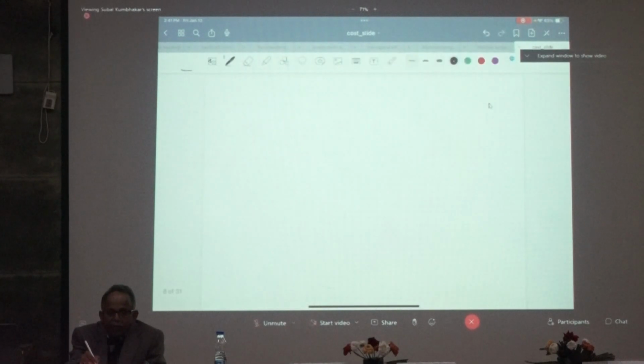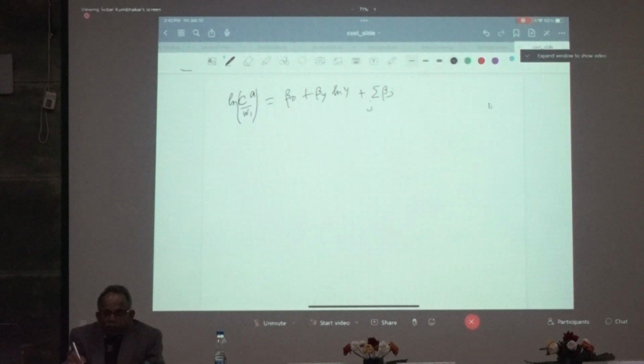Let me write beta 0 plus beta y log of y. Again this is normalized, so let me do it like this so that you don't get confused. And then beta j, sum of beta j, j equal to 2 to big J, and then log of wj over w.